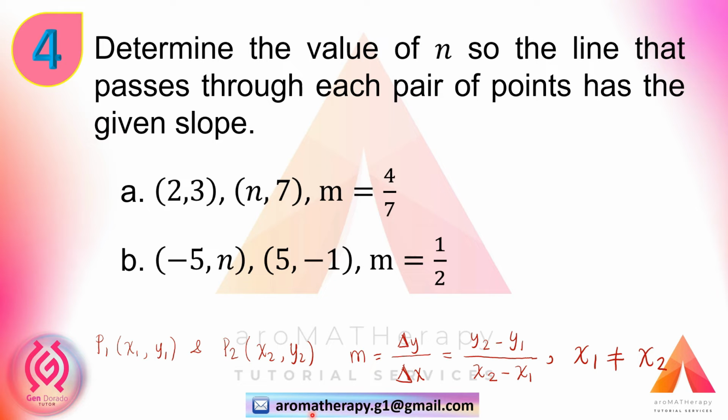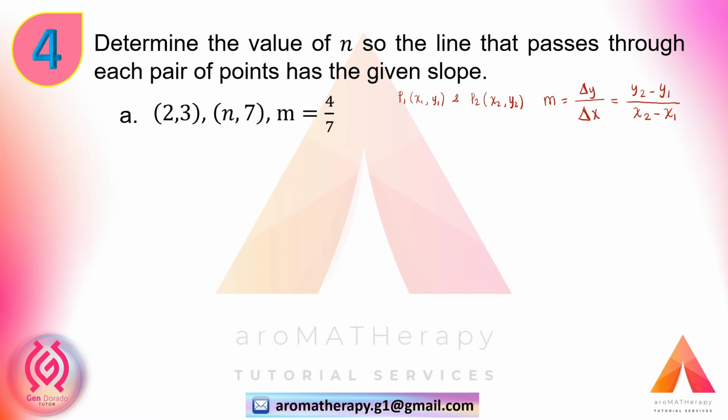So again, what will happen if x sub 1 is equal to x sub 2? Our denominator will become 0, and if our denominator is 0, our slope will become undefined, okay? Okay, so let's use this formula in solving for the unknown value of n.